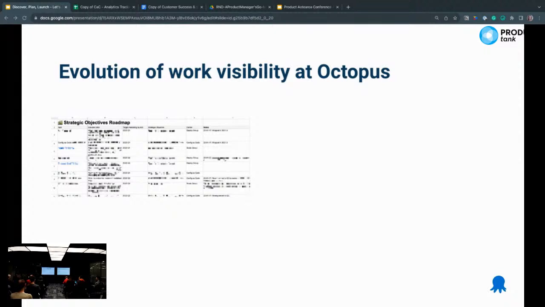Okay, well, the thing is, it was great for creating a level of visibility we didn't have before, but we didn't love it. And the reason we didn't love it is that keeping it up to date required a lot of manual effort. It was kind of difficult for stakeholders to make sense of a spreadsheet that was growing larger and larger.